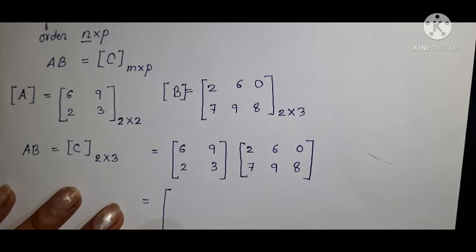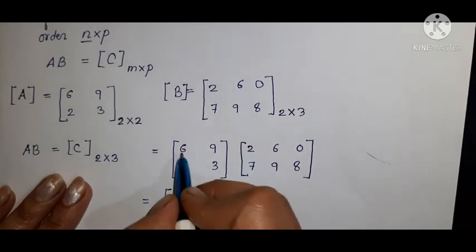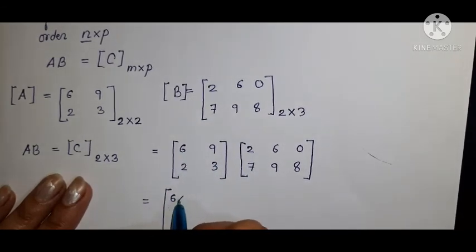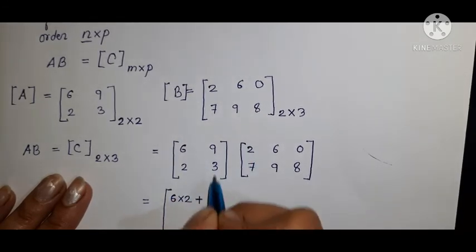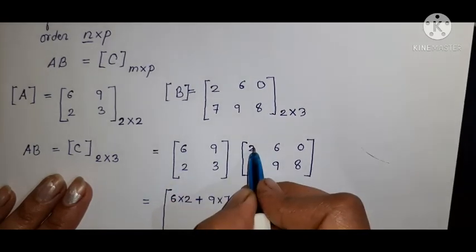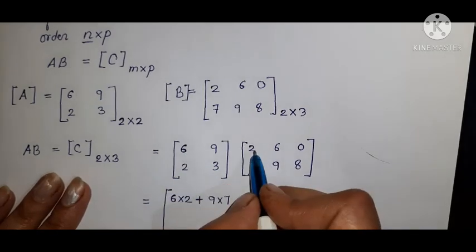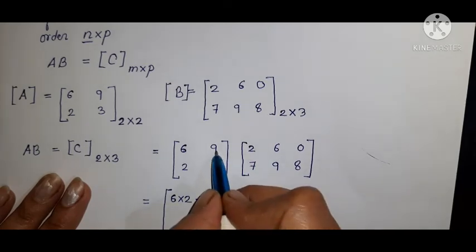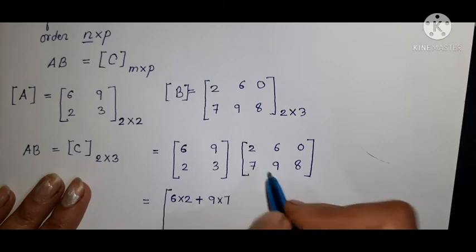So ultimately, how many elements do we have in the resultant? 6 elements. So 6 into 2 plus 9 into 7. First row, first element of the first row with the first element of the first column plus second element of the first row with the second element of the first column.